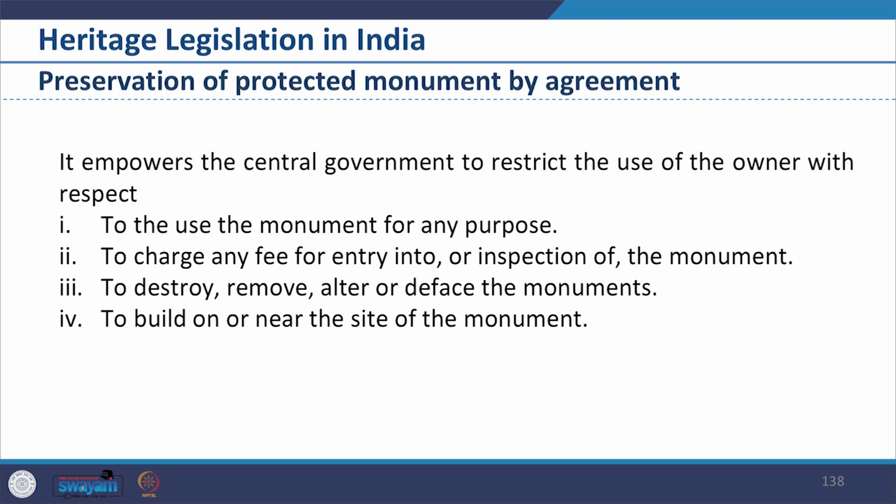So you may see that there might be a little conflict with the rights here. Then it also empowers the government to allow access to the public or any officer to inspect or maintain the monument. Furthermore, if the owner wants to sell the adjoining property, the central government has the right to purchase such land or any part of that land.